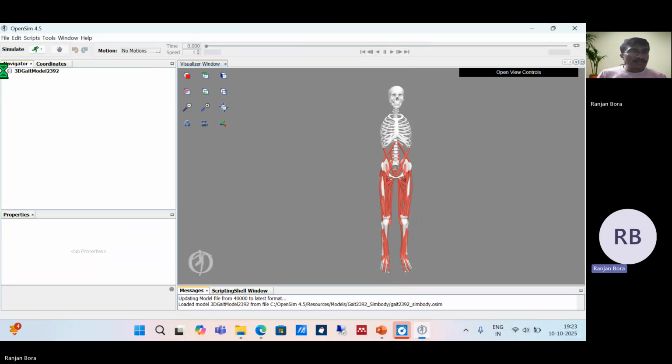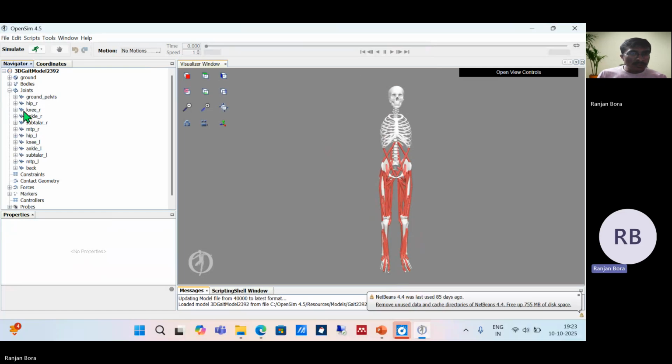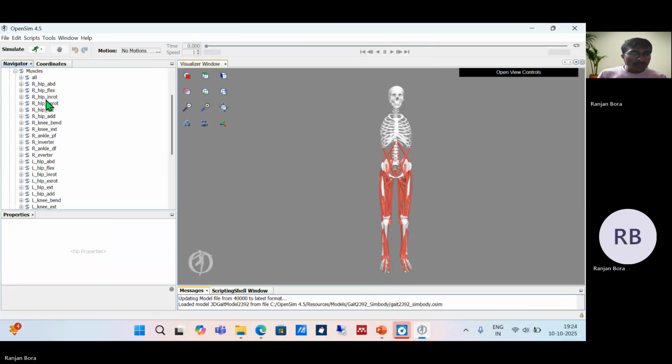If we expand this model, we can see the bodies, which are the rigid bodies, the different bones: pelvis, femur, tibia, talus. Next, there are joints: hip joint, knee joint, ankle joint, subtalar joint. Then in the forces, there are muscles. All the muscles are here.